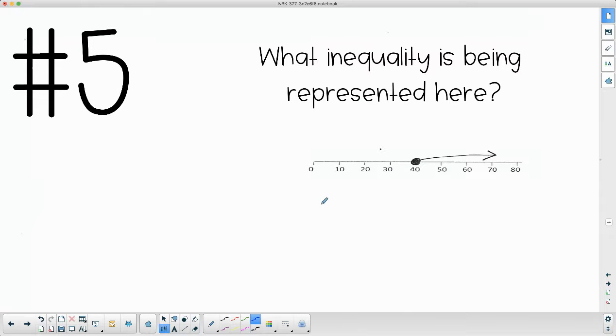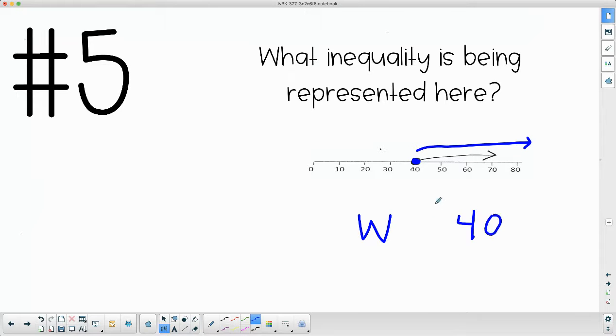So number 5, we have the variable of W again, and we can see that our answers are going toward the bigger side. I can see that it's filled in, so it's included. So 40 could be part of the answer.